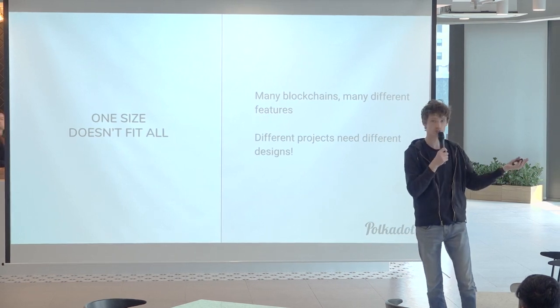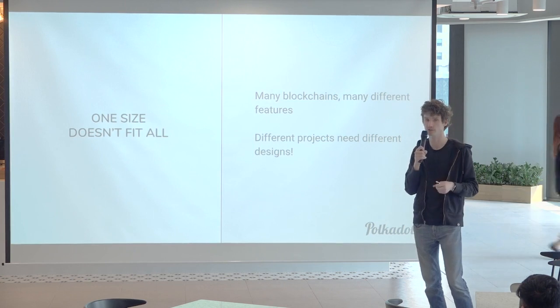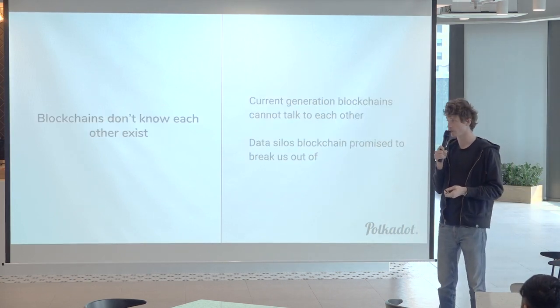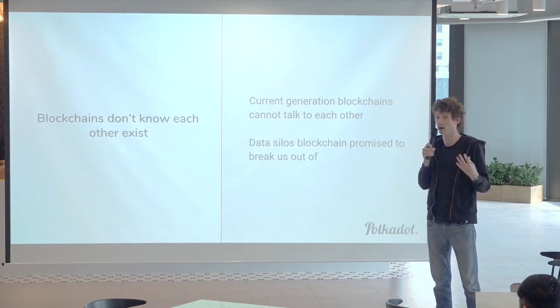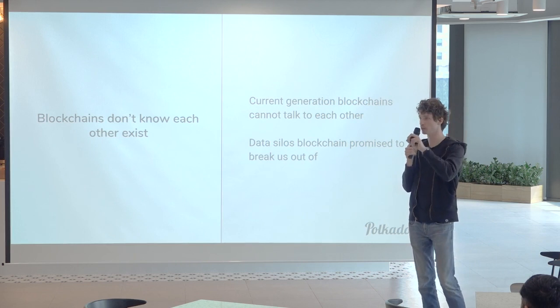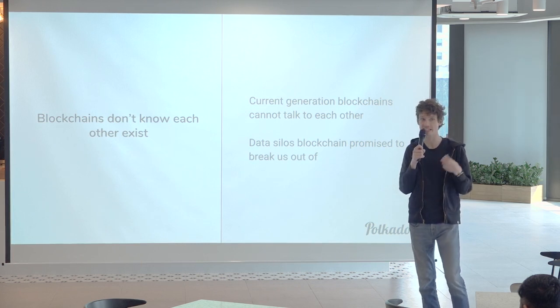We're going to hear from a robotics chain later today. So blockchains are being used in a lot of different industries, and they all require different features. But unfortunately, right now, they're unaware of each other's existence. It's like having the internet with a bunch of different companies, but those intranets can't actually talk to each other, right? So Polkadot is a networking protocol.